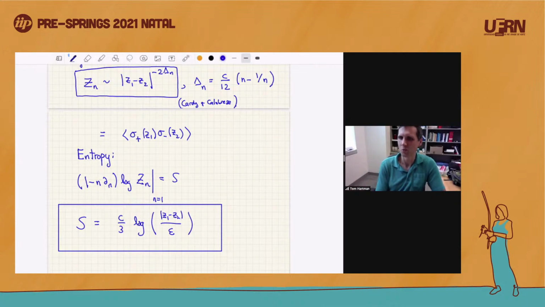What you really need to do is cut out a little circle around the twist point, remove that from the manifold, and do the whole calculation on this regulated manifold. This is the answer that you get, where epsilon is the size of the circle that you cut out. That term is non-universal, but since it shows up in a log, there's a physical contribution here which is independent of the regularization.